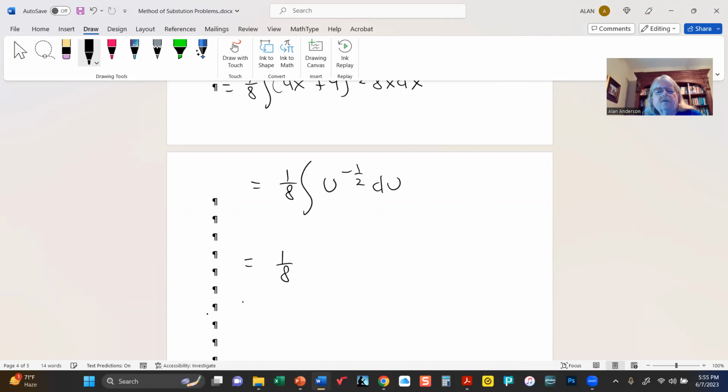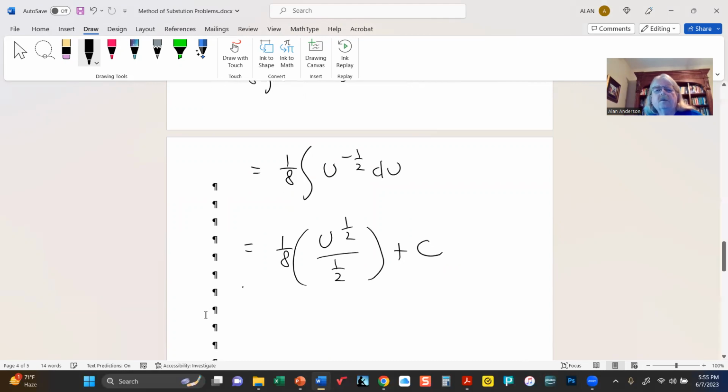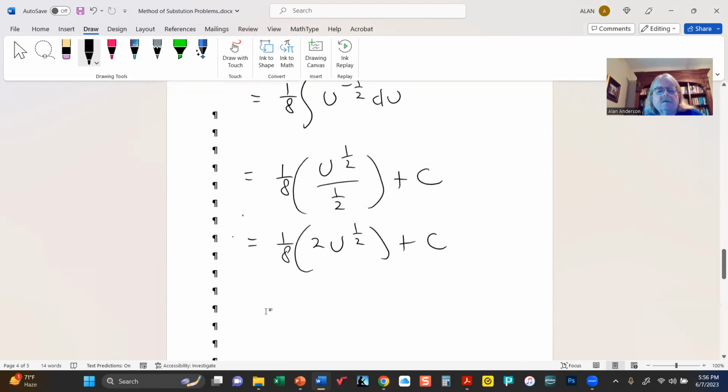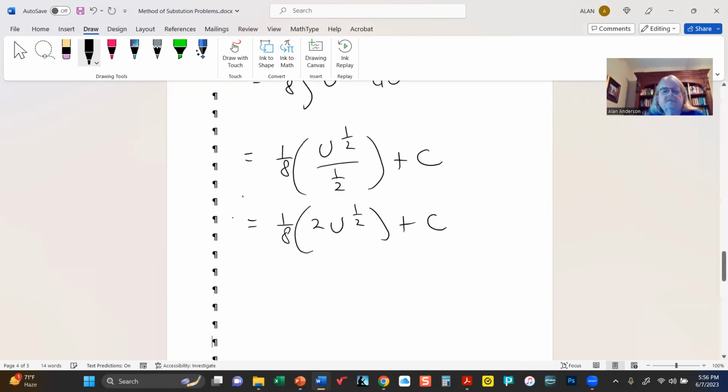And using the power rule, what will we get? So we ultimately end up with 1/4 u to the 1/2 plus c.